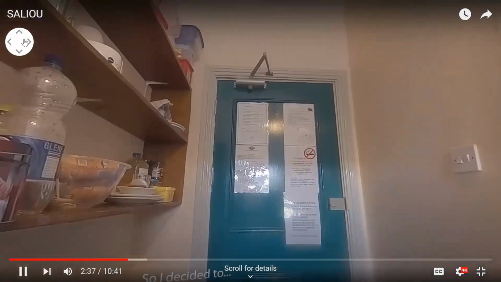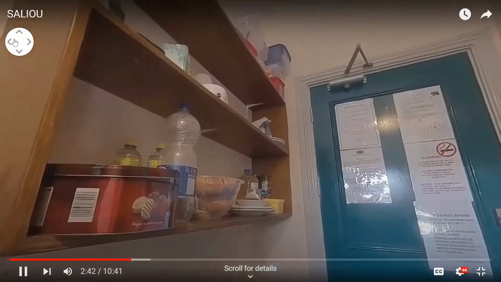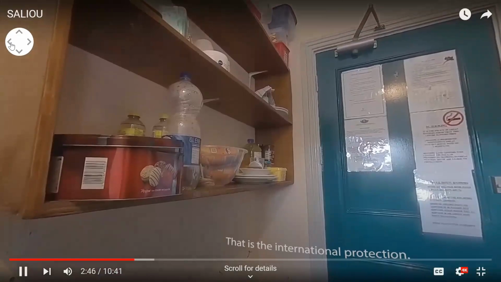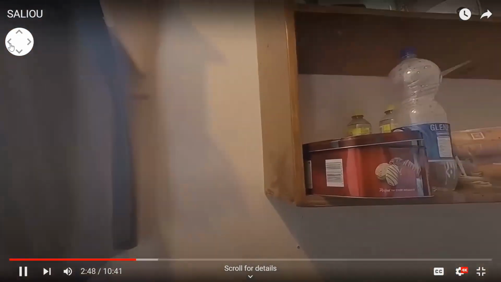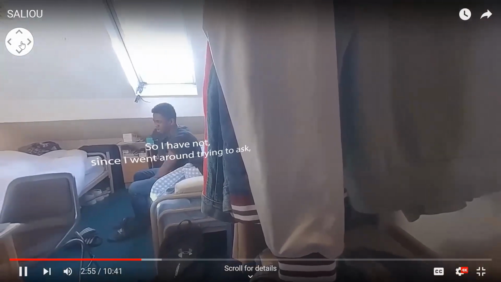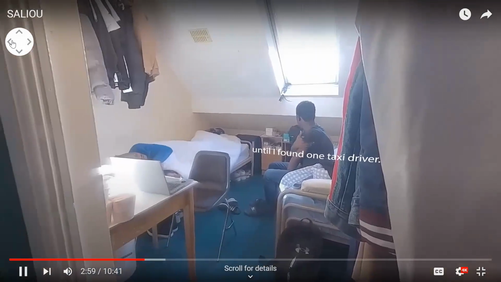So I saw the address they gave me. It's written in French. That is the international protection. So I have to locate that. I have no money with me. My money that I had is gone. So I have nothing. So I went around trying to ask until I found one taxi driver.